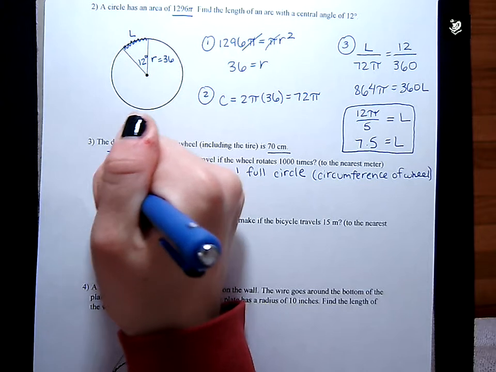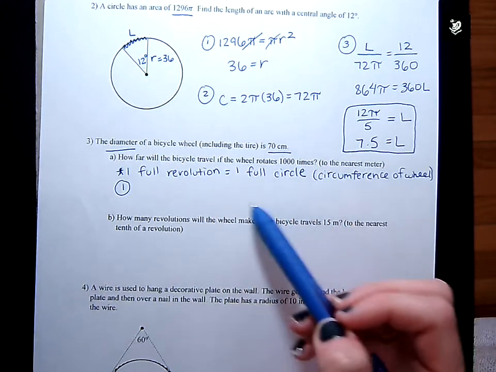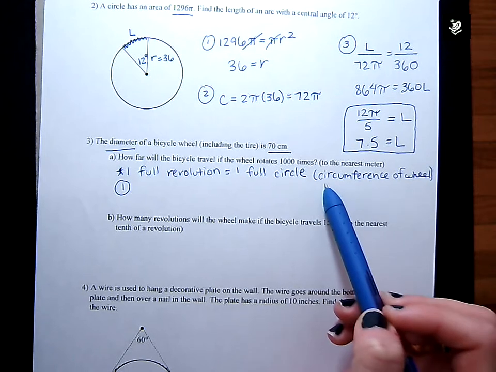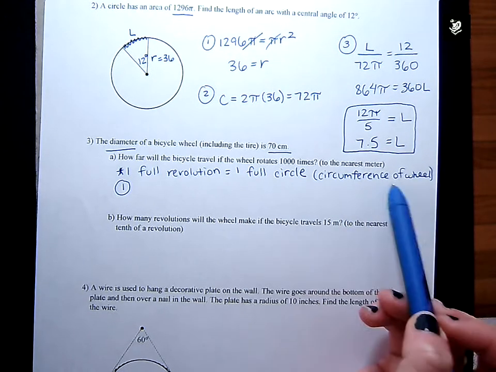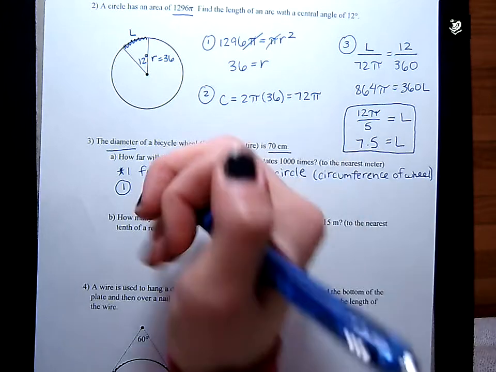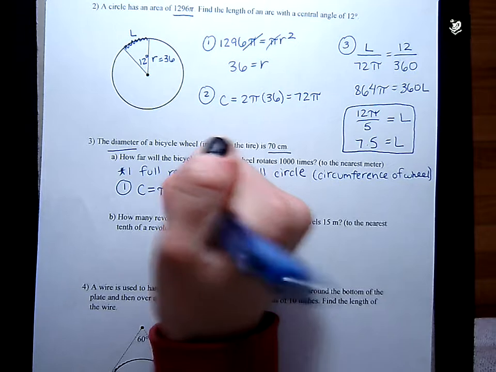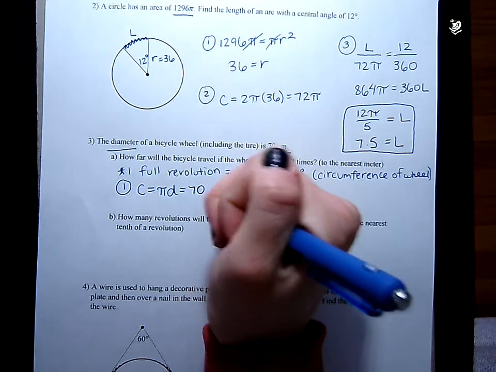So the first thing I'm going to do is, if I know that 1 full revolution is 1 full circle or 1 circumference, I'm going to figure out what is the circumference of this bicycle wheel. So circumference is pi times diameter. So that means that in this case, it would be 70 pi.